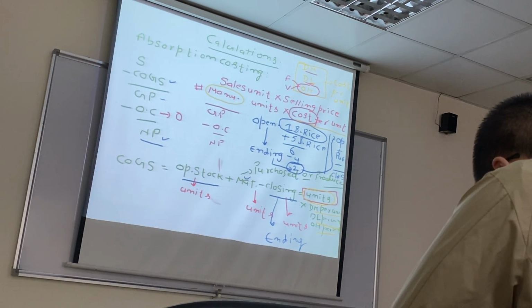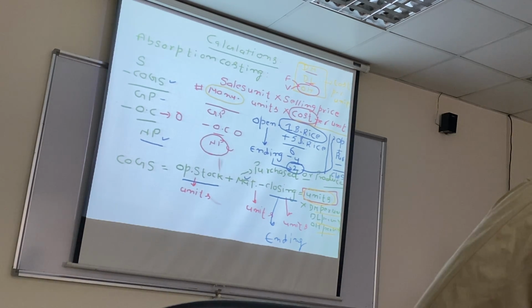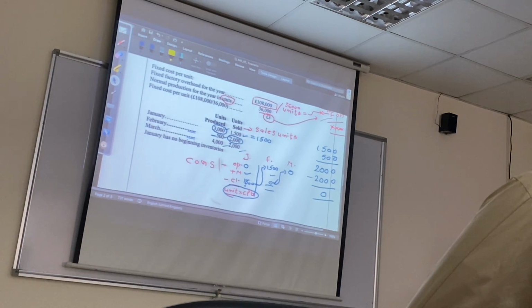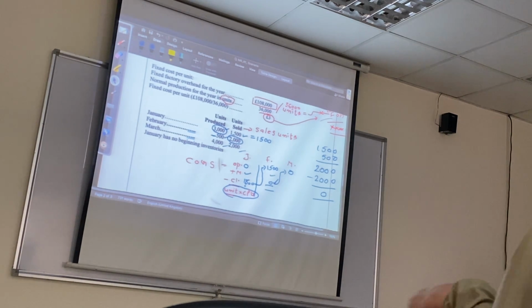So make it 0 and then you calculate net profit. Right? Now calculate net profit using all this information. Now calculate and tell me how much is net profit for absorption cost.